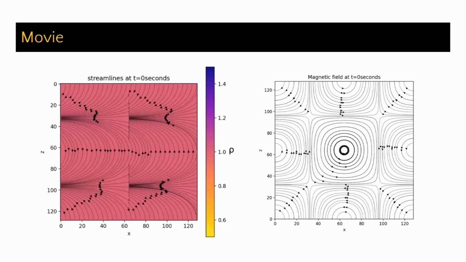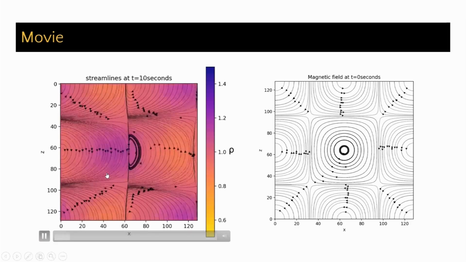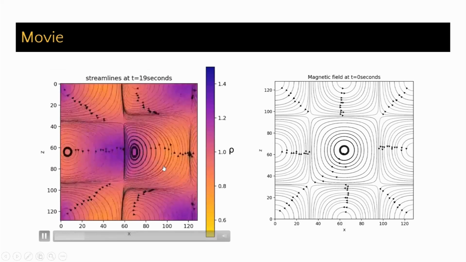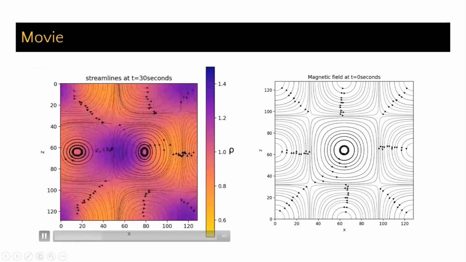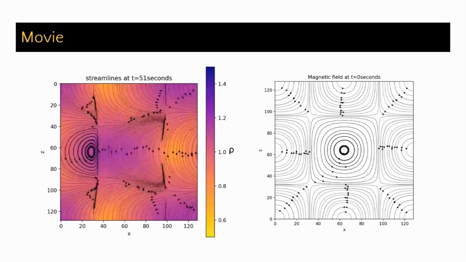And these are the results for the velocity field, and the heat map shows the density, and the streamlines are the streamlines for the velocity field.